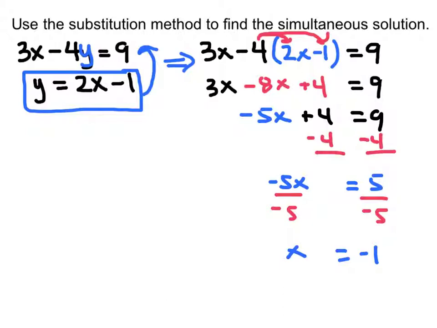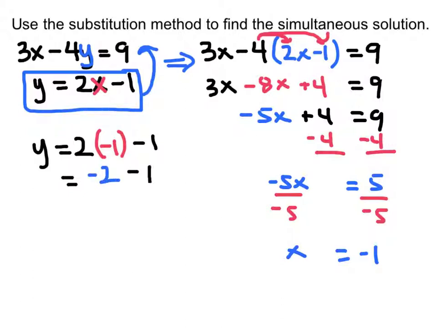So we will get y equals 2 times x. So x was equal to negative 1, minus 1. Computing 2 times negative 1, we will get negative 2 minus 1. And that will leave us with negative 3.